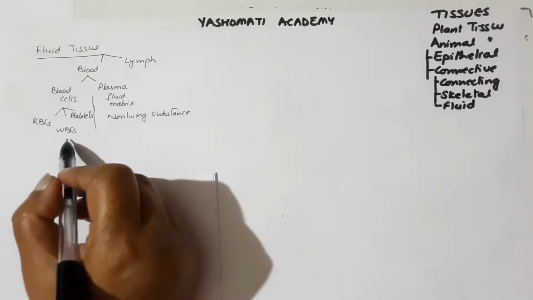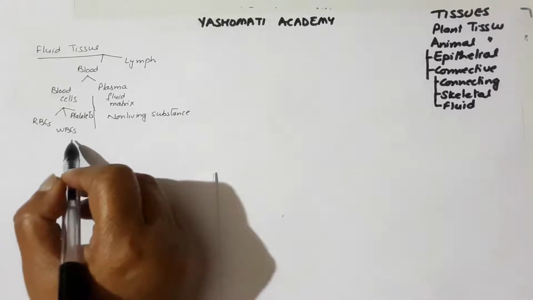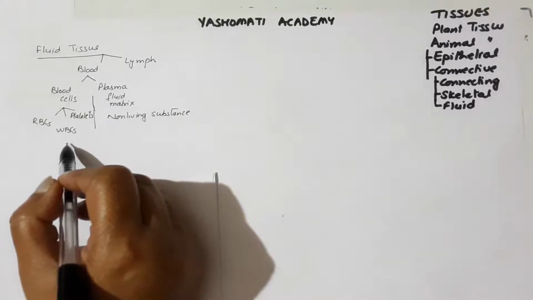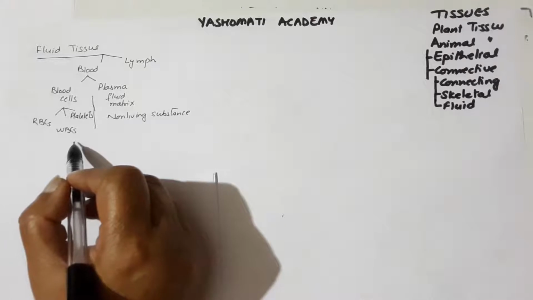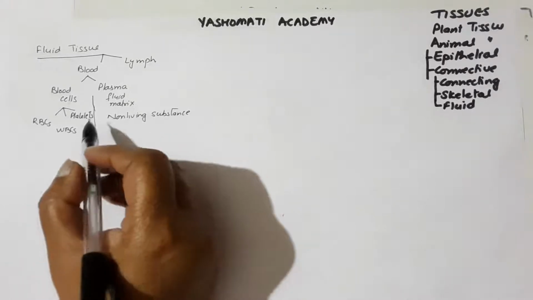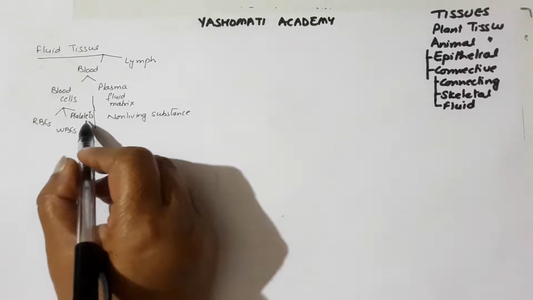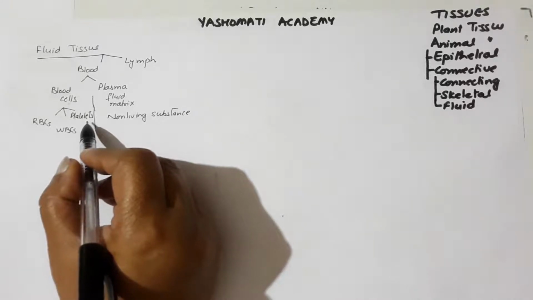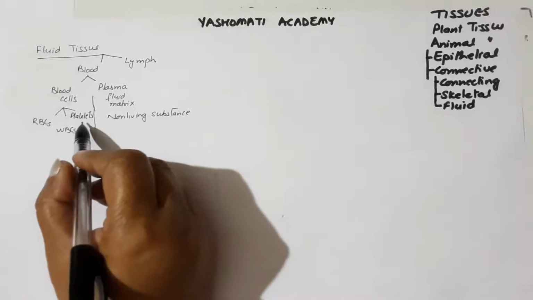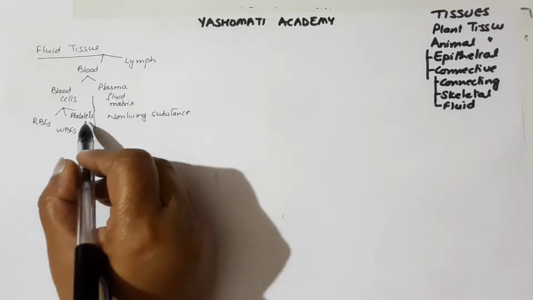Just like soldiers, they protect our body from invaders, that may be germs or disease carrying microorganisms. Platelets are broken parts of cells, and they help in clotting of blood. Now do we remember what clotting of blood is?